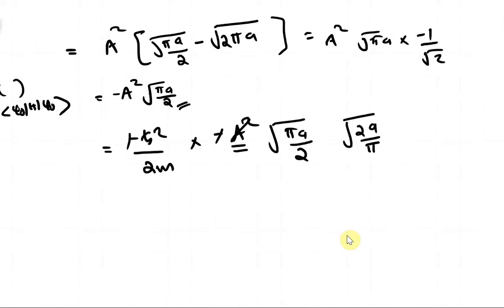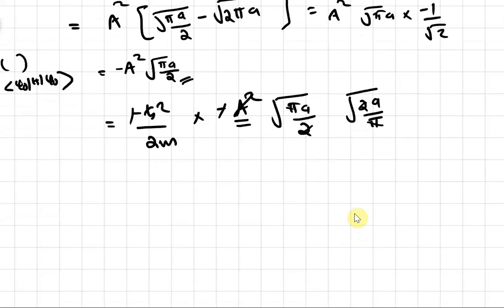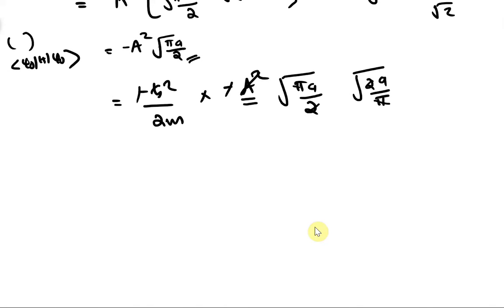So I can cancel that, minus is gone already, and there is a root pi over here, root pi over here, 2 root 2 here and root 2 here, root a and root a, it will become a, and this is like h cross square a divided by 2m. Nothing else.